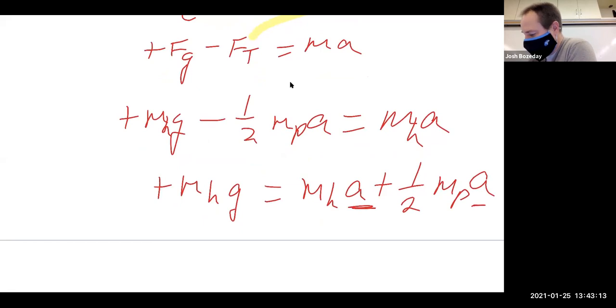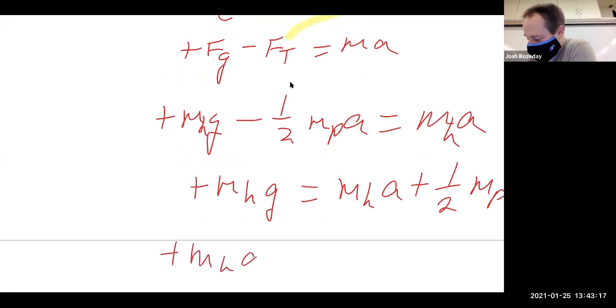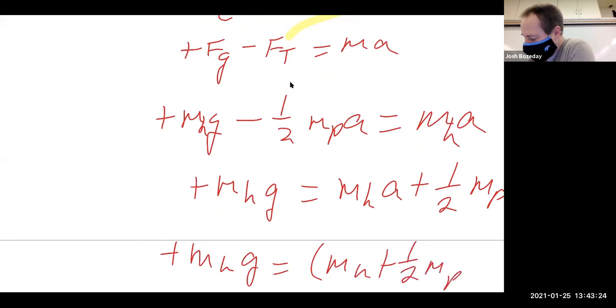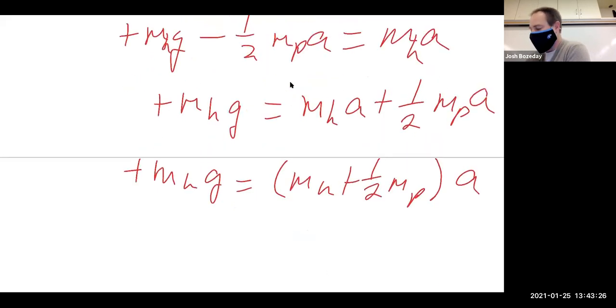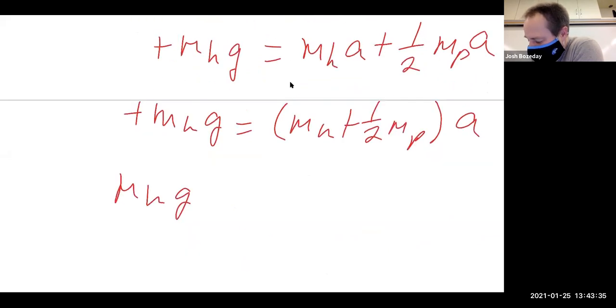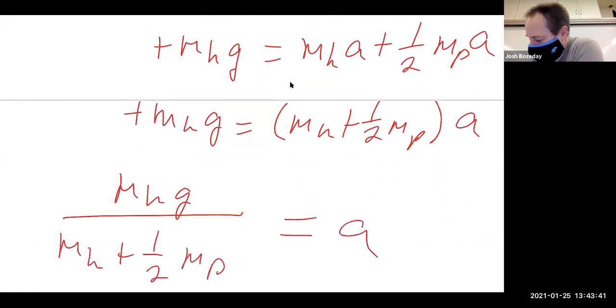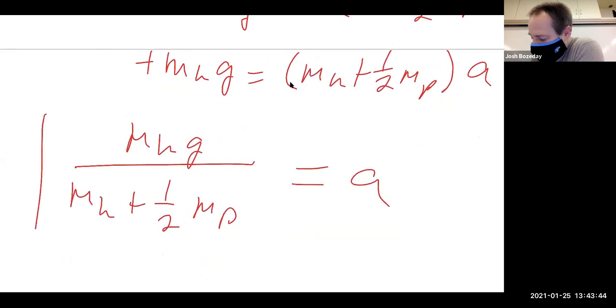Linear acceleration can get factored out, and we get plus hanging mass times g equals hanging mass plus 1/2 pulley mass times a. And then finally, we can just divide this over, and we get our final answer. Hanging mass times g divided by hanging mass plus 1/2 pulley mass equals our acceleration. And you can plug in your numbers and you're done.